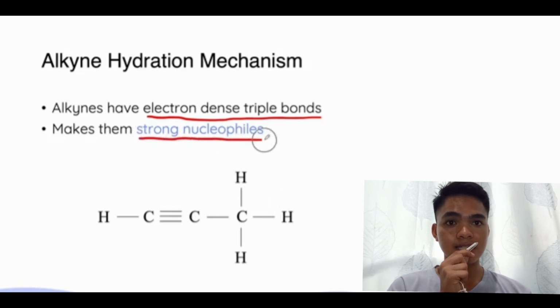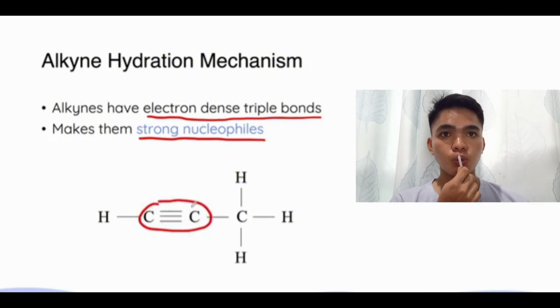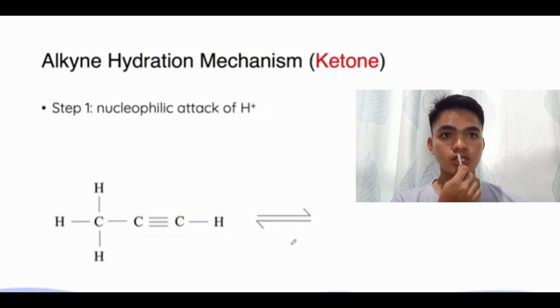This means that they seek out positive charge that exists in nuclei, and here we can see the characteristic C-C triple bond which exists in this alkyne, propyne. So we'll be looking at two methods of alkyne hydration with the formation of ketone and aldehyde.